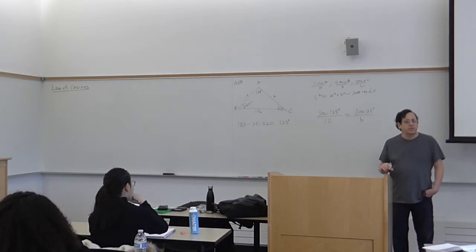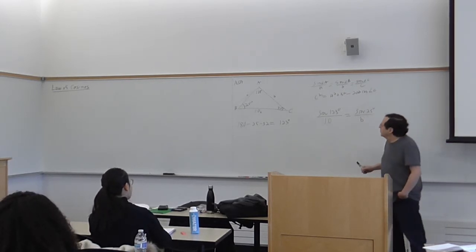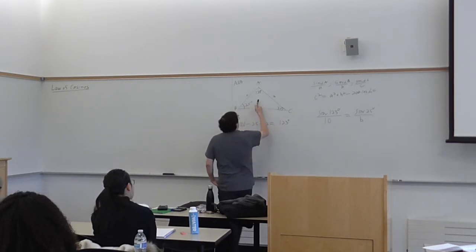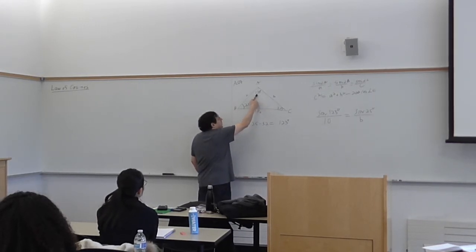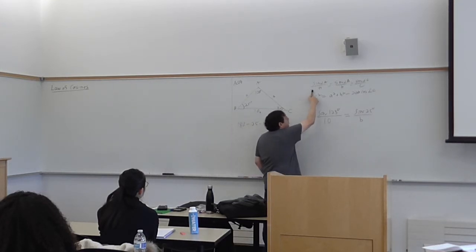Does everyone see that? Angle side angle, we find the third angle because we're going to need it. The sine of that over its opposite side, that's our ratio we can use.